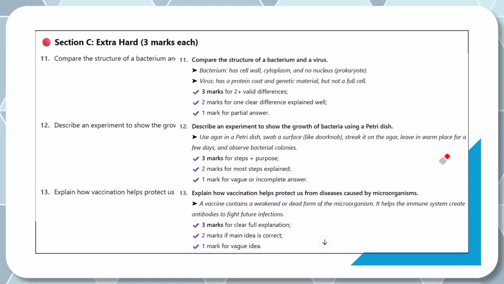So question 1 says, compare the structure of a bacterium and a virus. Now, when I recapped on this, I didn't go deep into it. But one thing I said is that bacteria is a complete cell, and you always have things like cell wall and cytoplasm, but it doesn't have a nucleus. Now, viruses are not proper cells, but they're molecules that are made of protein.